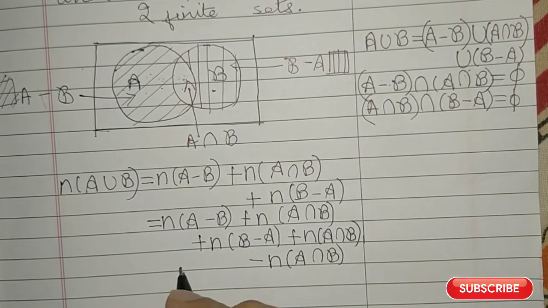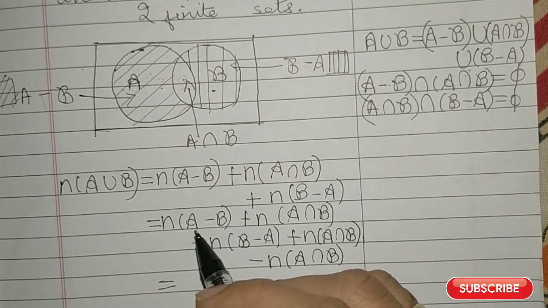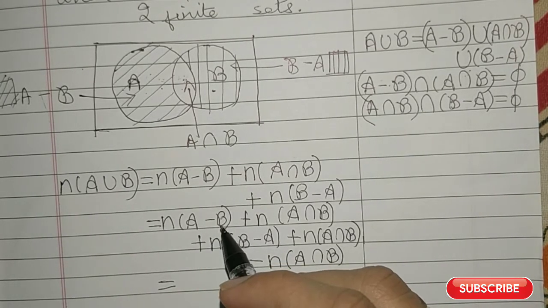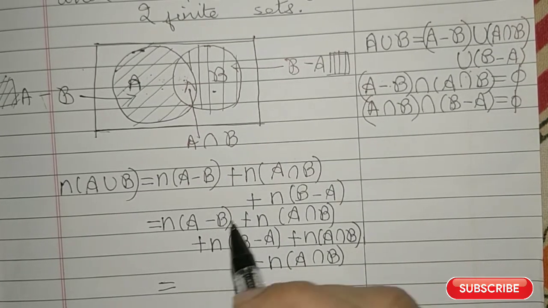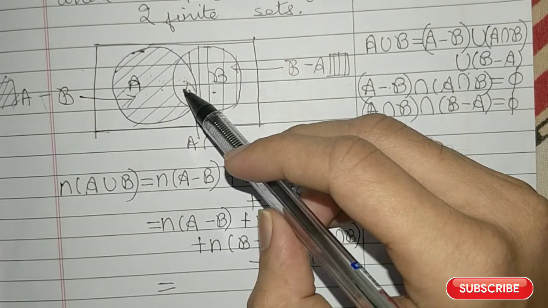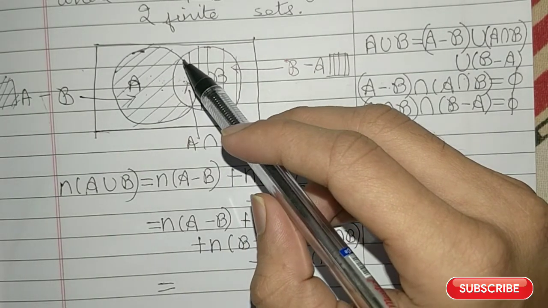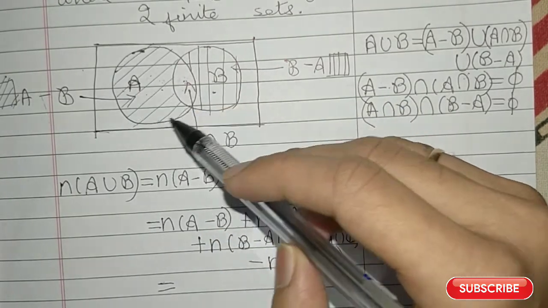So now if you look at (A minus B) union (A intersection B), right. So that is A minus B union A intersection B, that will be what? That will be the set A, right.